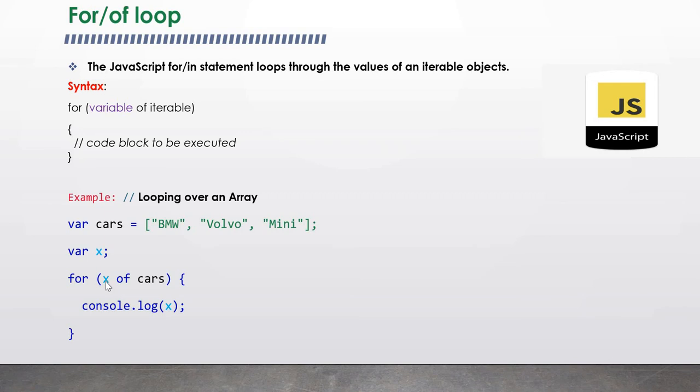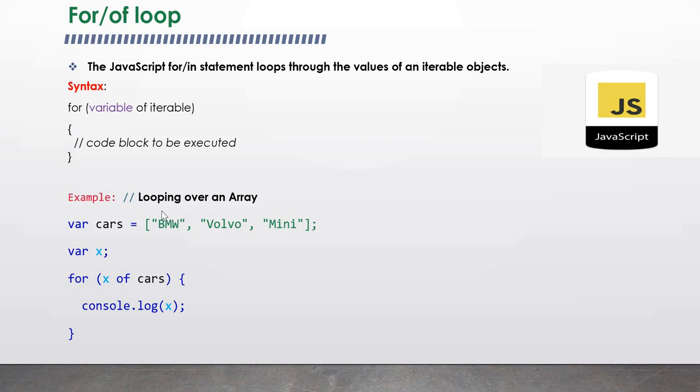This time x will follow your index, since this is an array. The first time, it will check: do we have any next index in this cars array?